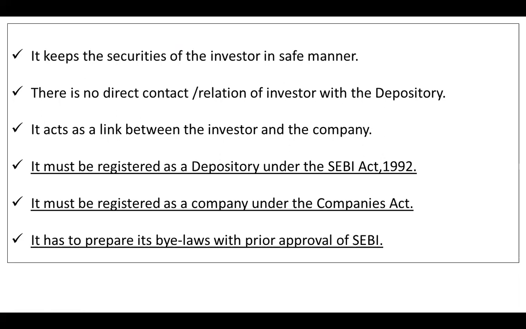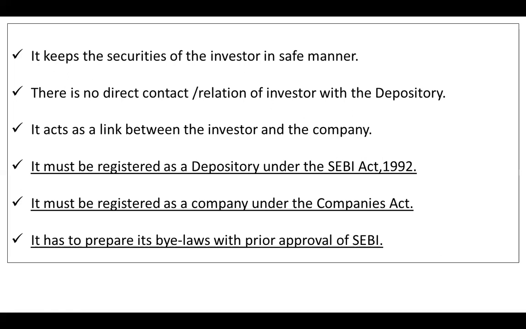Whenever we want to purchase any security through the depository system, we can, because we have faith and confidence in the depository. In the previous lecture, we learned that there are two depositories in India, NSDL and CDSL.